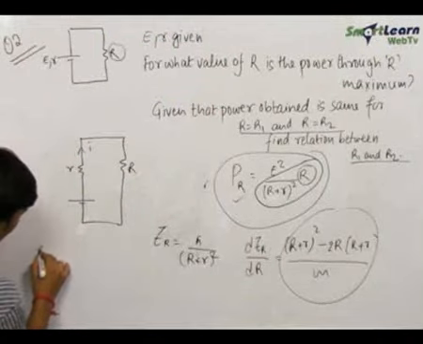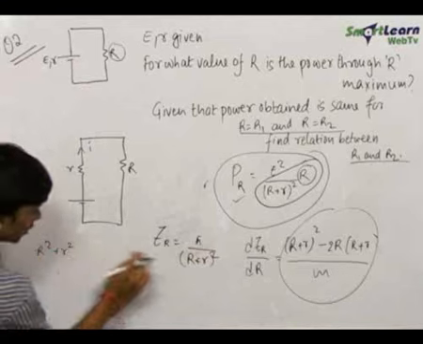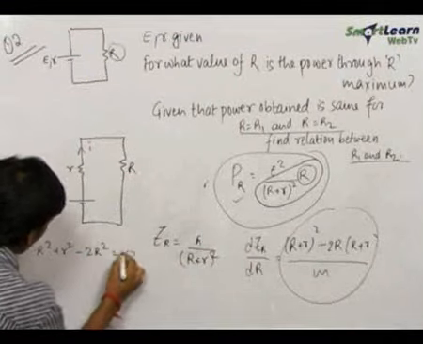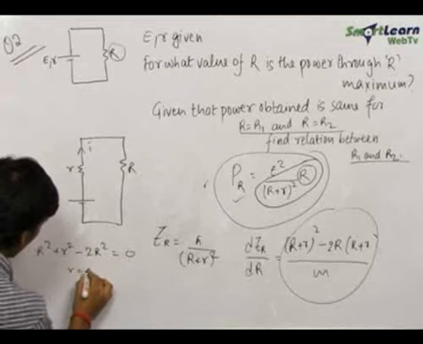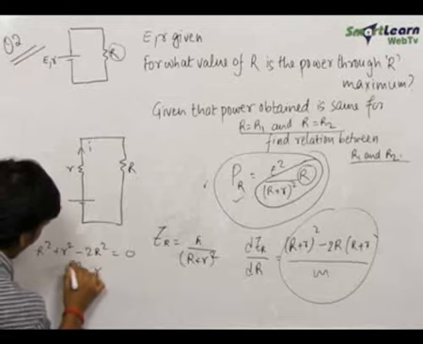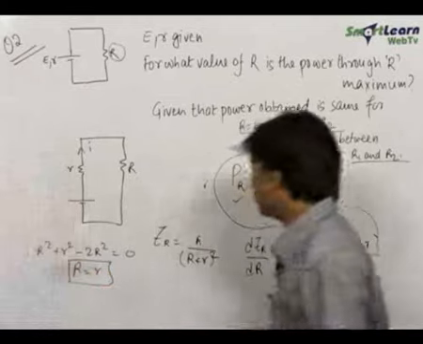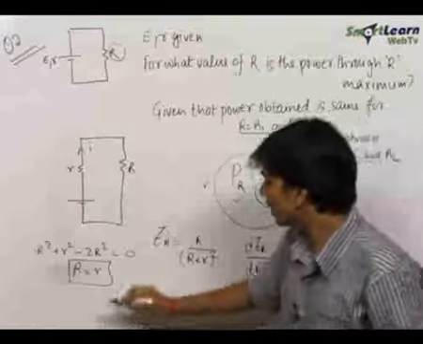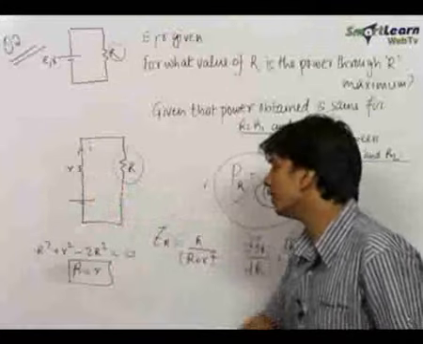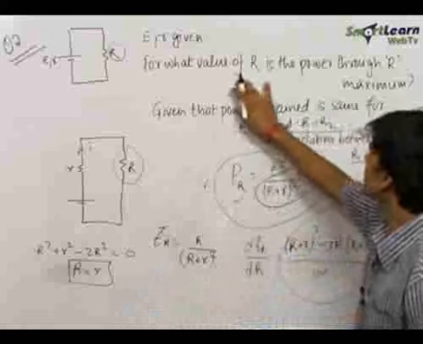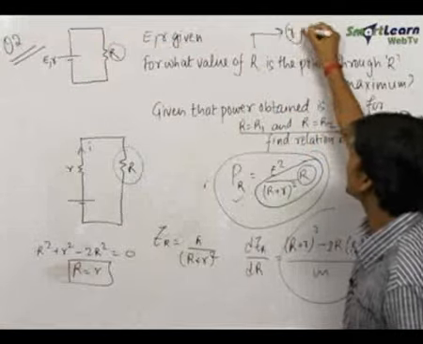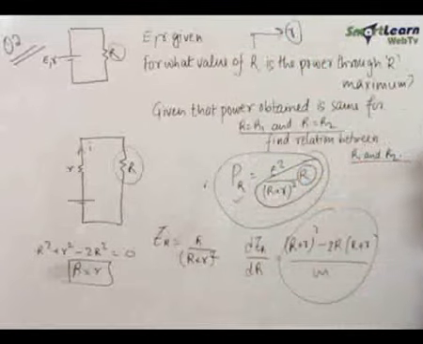Therefore we get R square plus 2Rr gets cancelled, minus 2R square equal to 0, that is R is equal to r, rather capital R is equal to small r. Therefore we now know that the power is maximum for the resistance equal to the internal resistance of the battery. Therefore our answer for this part, for what value of R, we get the value of R equal to small r, that is the internal resistance of the battery.